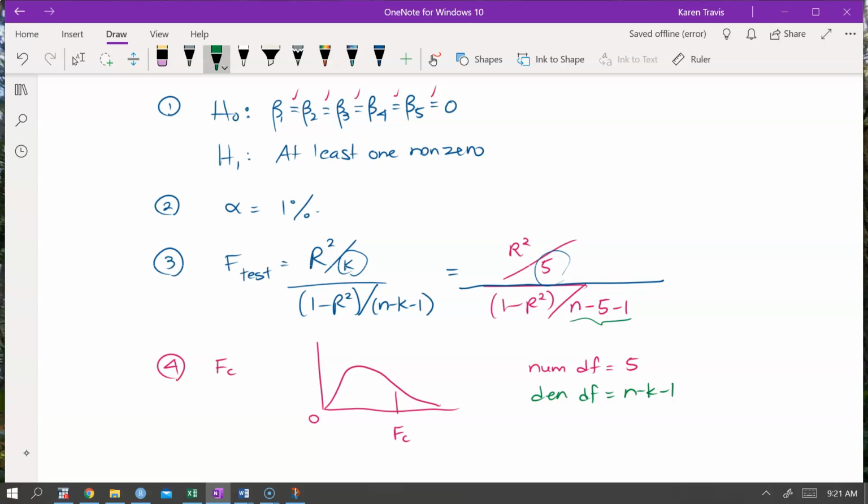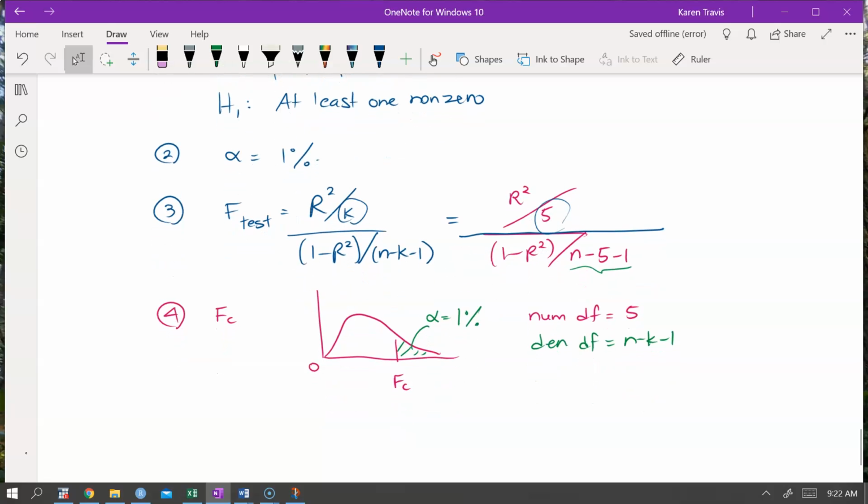We would use those two to find our F critical, and we would use whatever tail we said. Let's think about 1%. Sorry, that's a mess. Okay, so that's 1%.